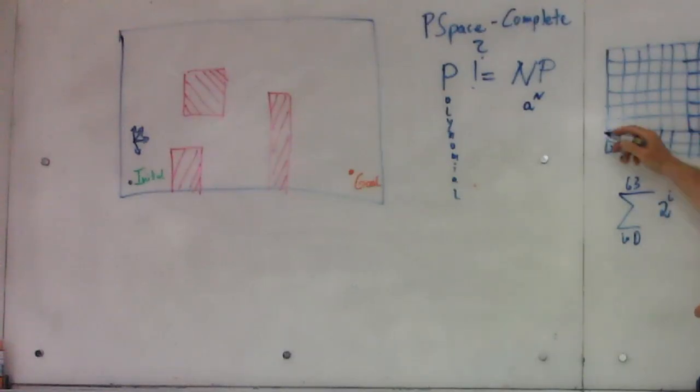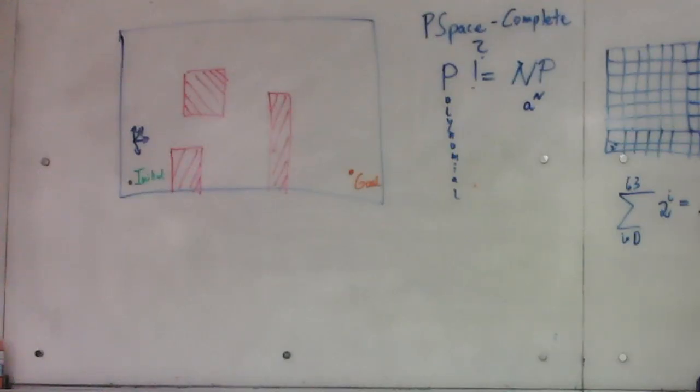But we also add all of these up as we go along. Okay? So it's a sum starting from i equals 0 up to 63 for 2 to the power of i, which is equal to, it's a huge number. It's actually 2 to the 64.